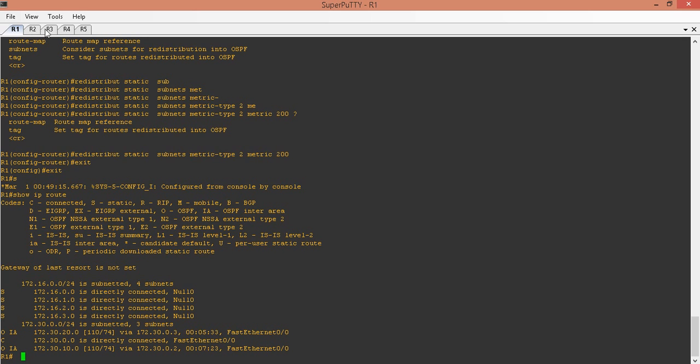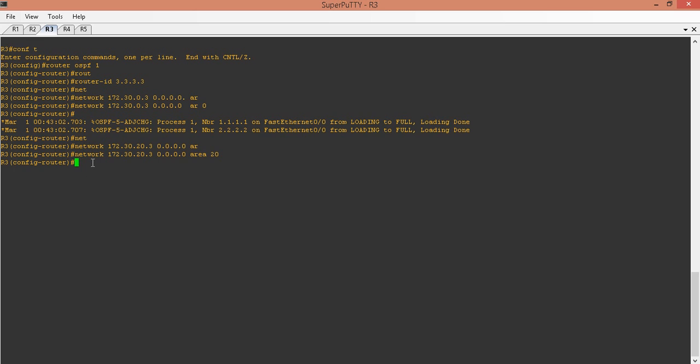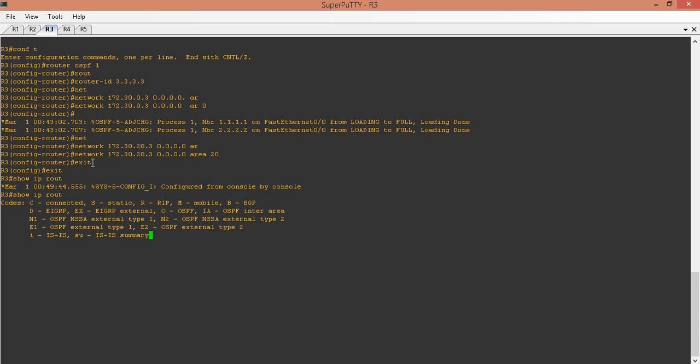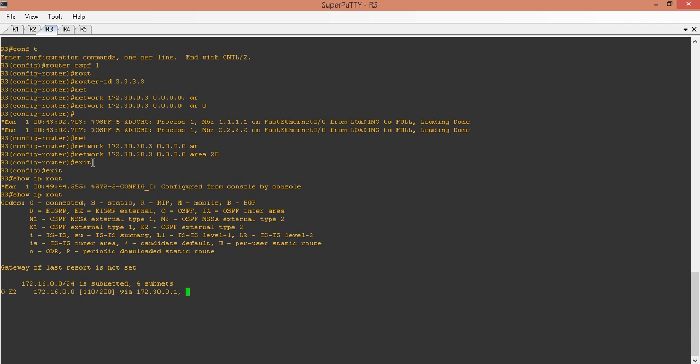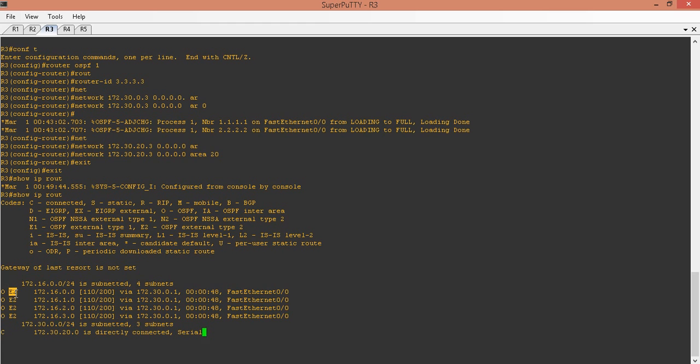Okay, I'm going to router 3. So IP route, you can see type E2, the metric will always be 200.